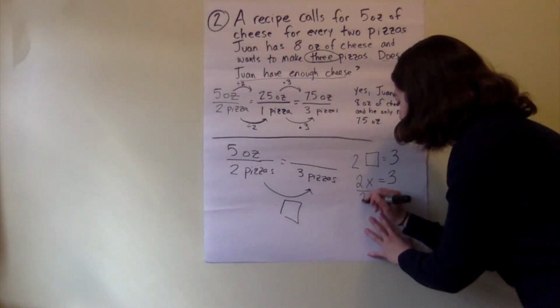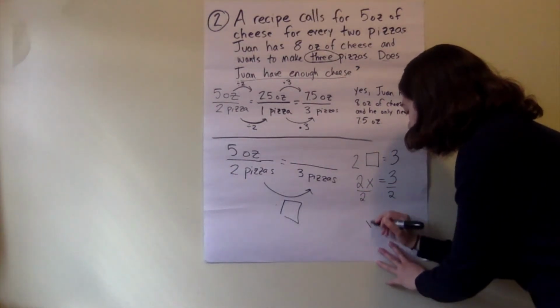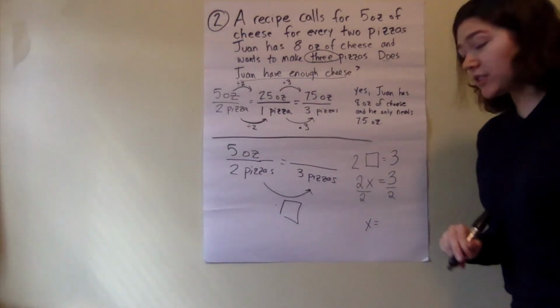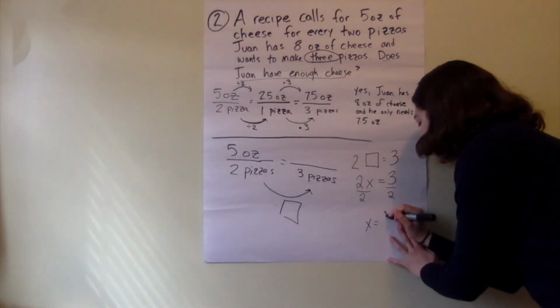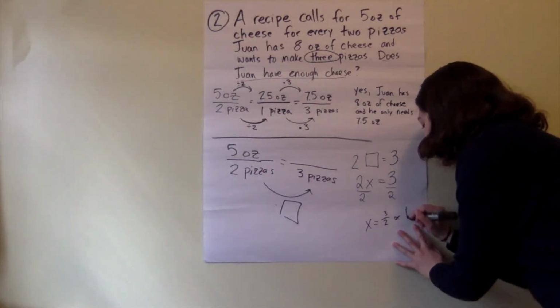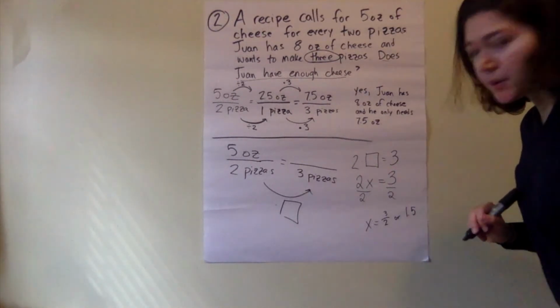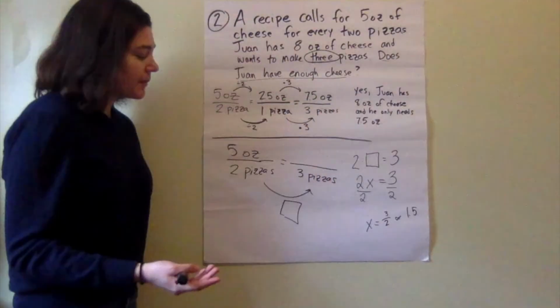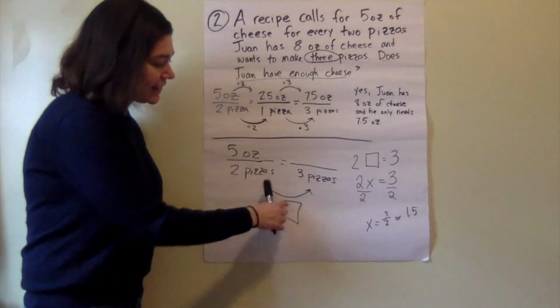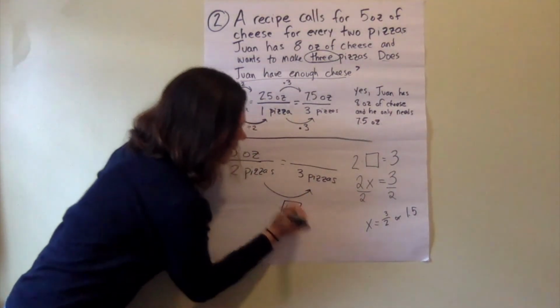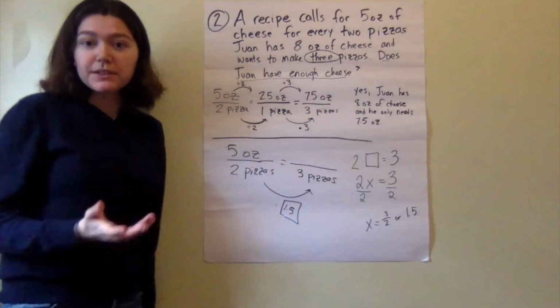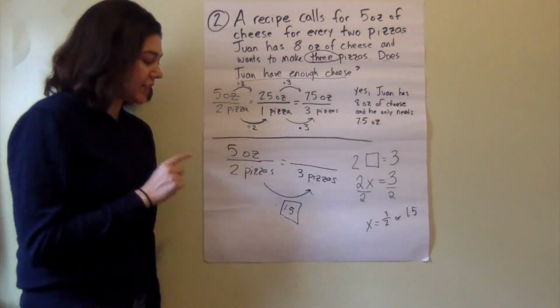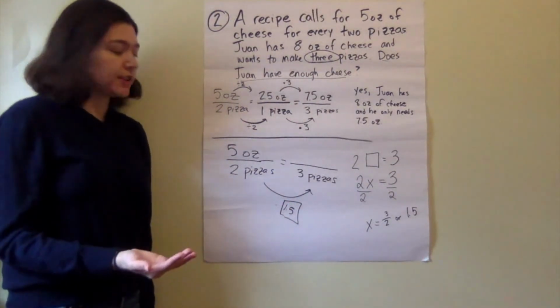So I divide by 2, and you get x equals 3 halves, or 1.5, or 1 1/2. 2 times 1.5 gives me 3. And if you're not sure, check that on a calculator. 2 times 1.5, you'll get 3.